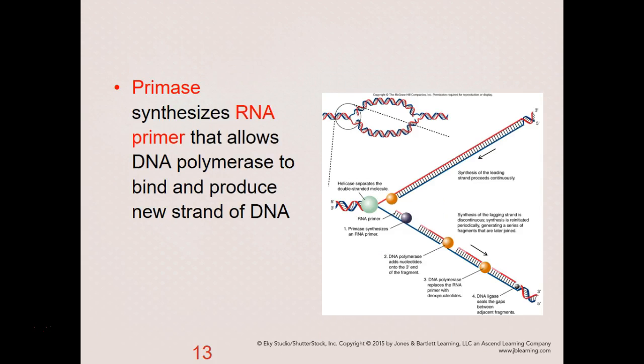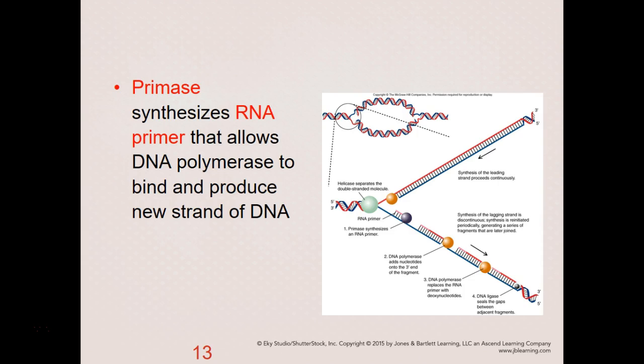We have an RNA primer that comes along and binds to the 3' end and produces a tiny section of DNA. Okay, so primase is an enzyme that produces this RNA primer. DNA polymerase can only bind to a double-stranded molecule. So the RNA primer produces that double-stranded molecule so DNA polymerase can bind.